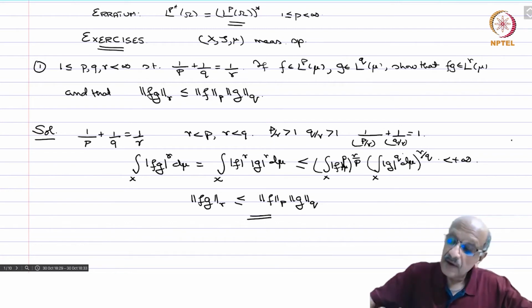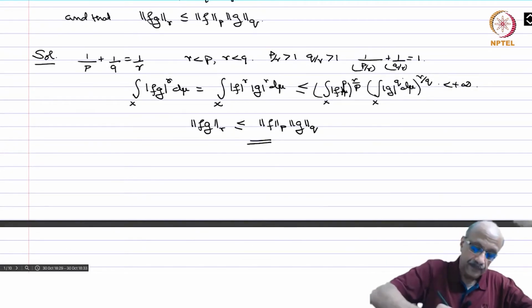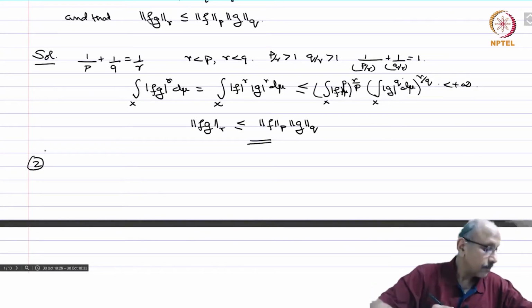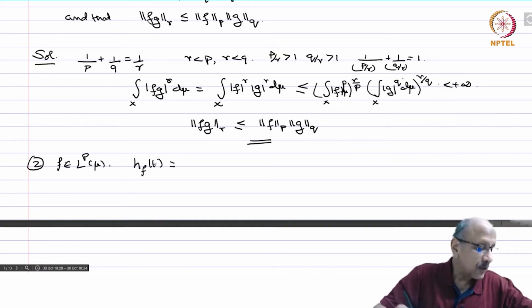Okay, second is also... so we have, let f from X belong to L^p of μ. You define h_f(t) equal to the measure of {|f| > t}.